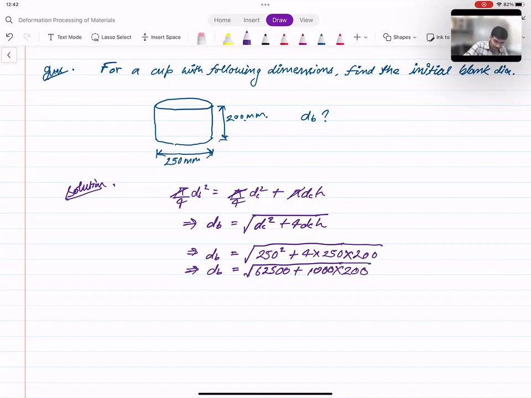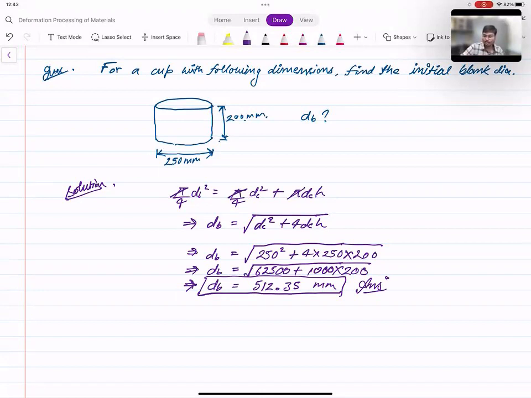And if we solve this, I've already calculated it and it comes out to be approximately 512.35 mm. So this is the answer. So if we want to make a cup of this dimension, we need to go with the blank with diameter of around 512 mm. Okay.